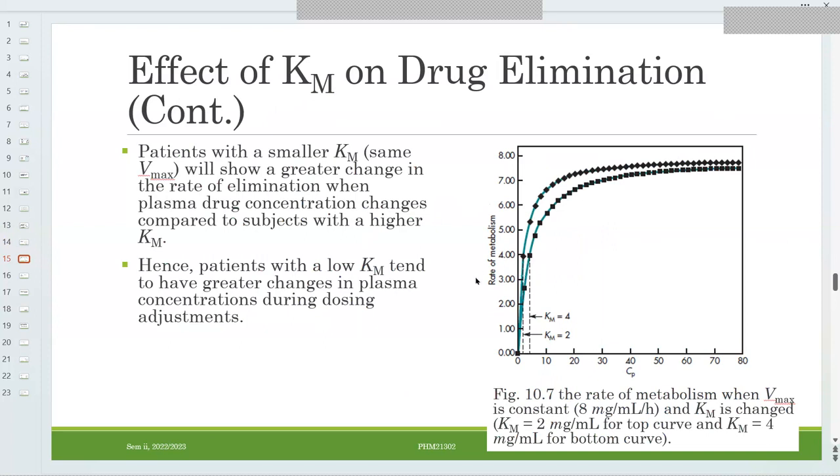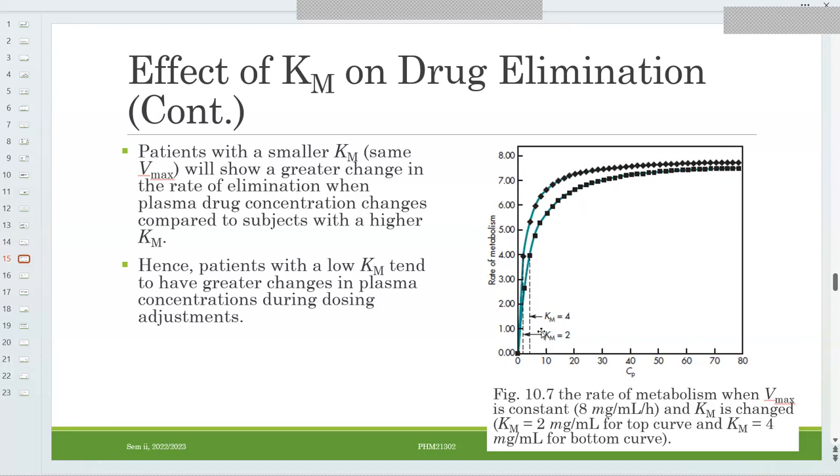This is not concentration, if you notice. Here in this curve, we plot concentration against rate of metabolism. It's not concentration versus time, it's concentration versus rate of metabolism.